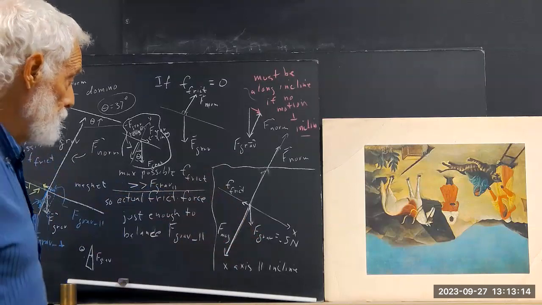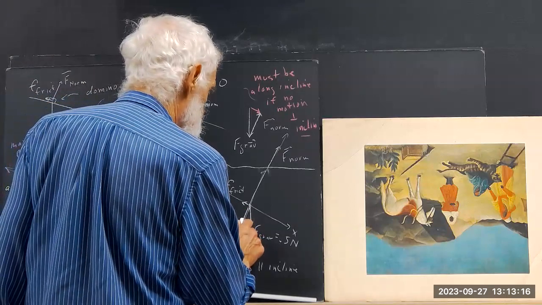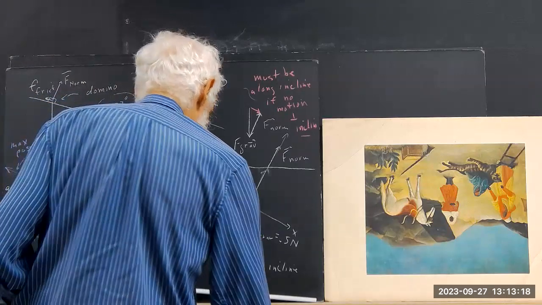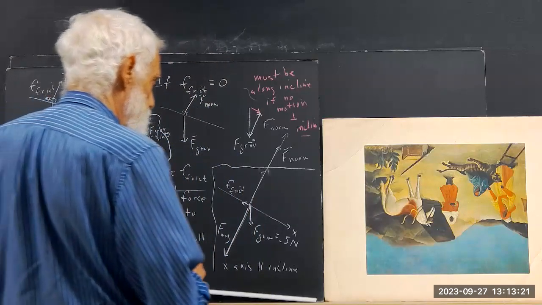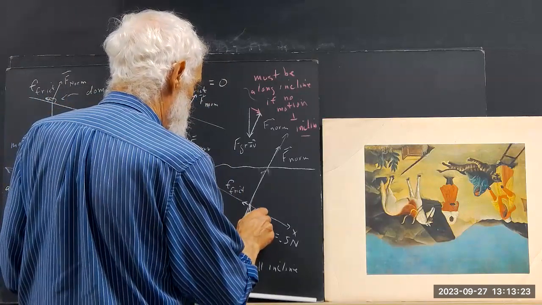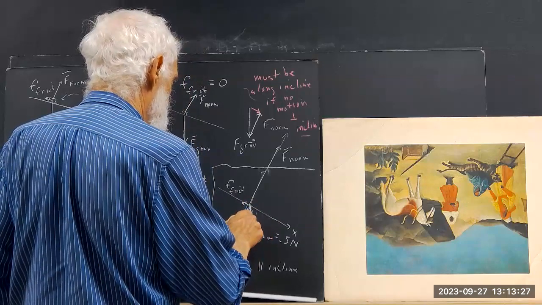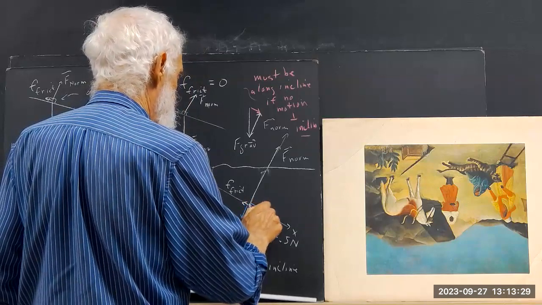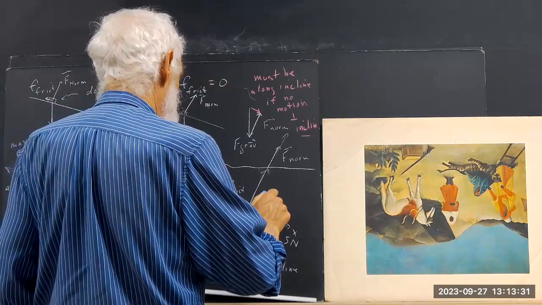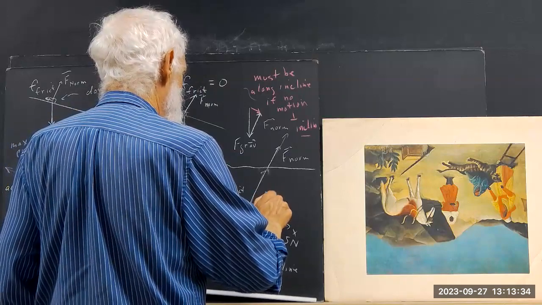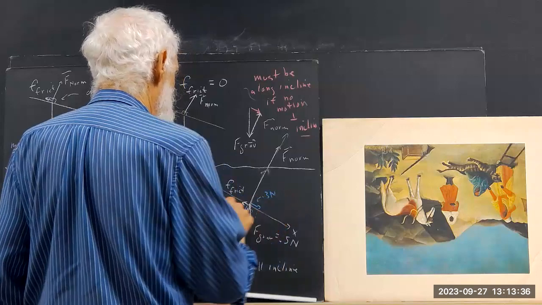Now that you know the components of the gravitational force, which I can write here, I'm going to cross out the gravitational force and write the components. And this component here will be 0.3 newtons.